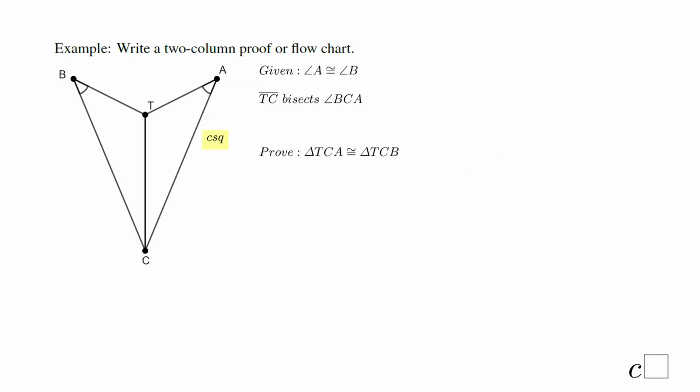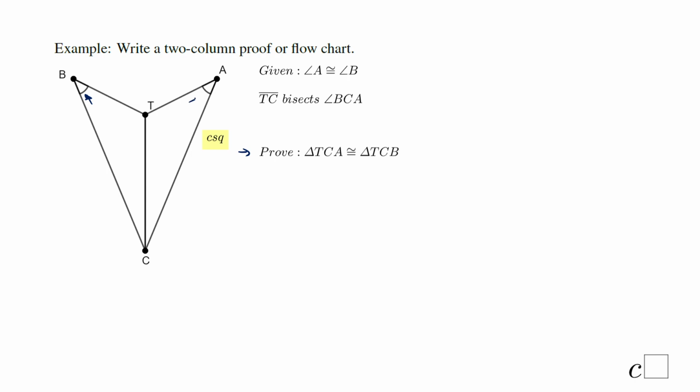Okay, so now let's take a look at the next example. On this example, I will do a flow chart just to be sure you see how that looks. But let's first of all do a rough draft. Let's see how we can prove these two triangles TCA and TCB are congruent. So we look at the picture, we have these two angles are congruent.